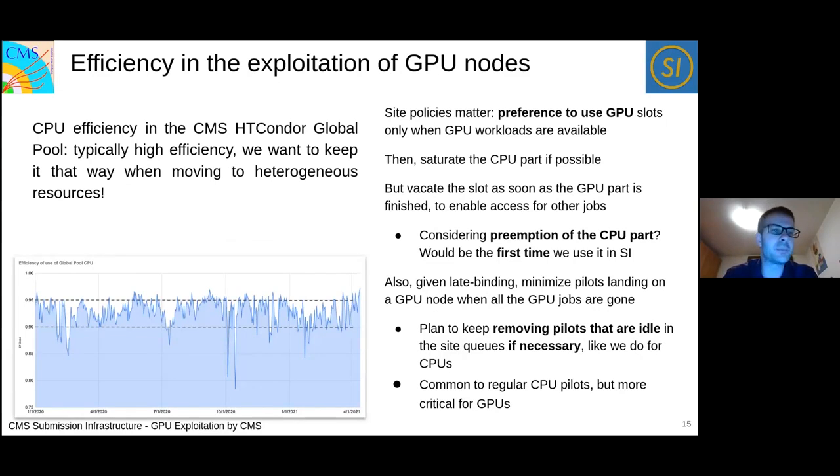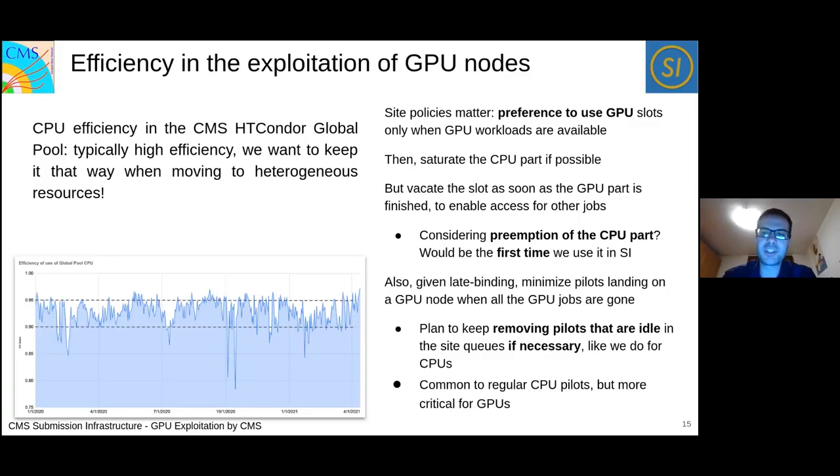And once you grab those resources, you also need to use them efficiently. And typically, the CPU efficiency in the HTCondor Global Pool is between 90 and 95%. And we want to keep it that way also using GPUs.